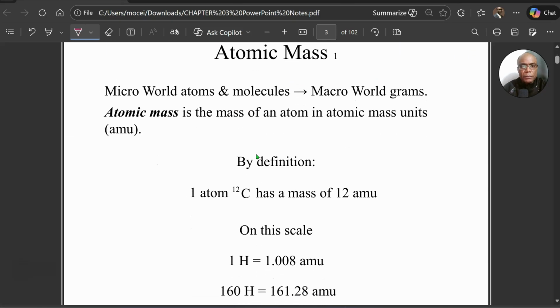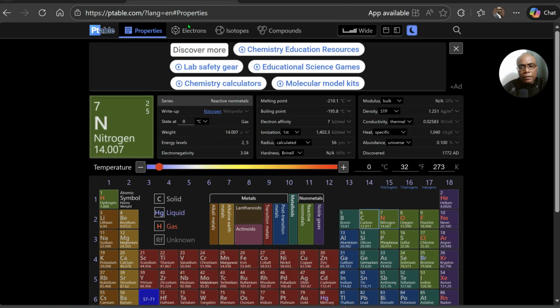So what is the atomic mass? Okay, atomic mass by definition is the mass of an atom in atomic mass units, AMU. Usually it's reported in the periodic table as an average. So what we see in the periodic table here, for example, if I take carbon, the 12.011 is an average of the masses of different forms of carbons that we call isotopes.